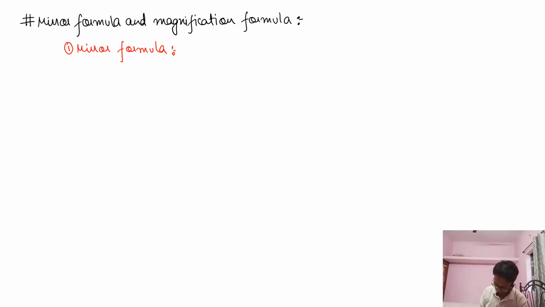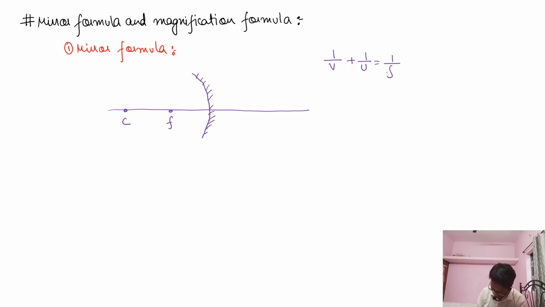Now suppose there is a mirror here. Let this be a concave mirror. This is the principal axis. Here is the focus, here is the center, and the focus is half the distance from center to pole. The mirror formula is given as 1 by v plus 1 by u is equal to 1 by f.